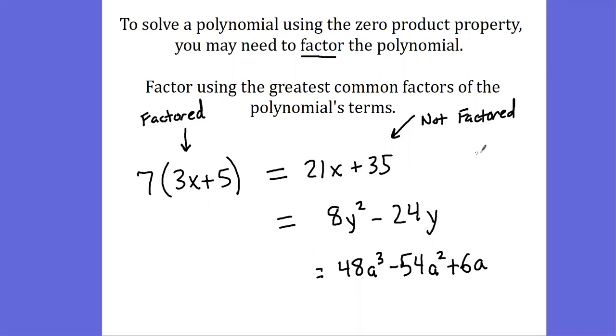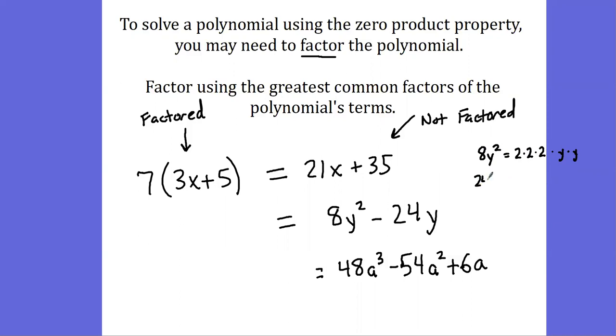Let's show that using the process you learned back in the pre-algebra days. If I have 8y squared and I want to write that in factored form, I can write 8 as 4 times 2, and the 4 would be 2 times 2. So in factored form, this is 2 times 2 times 2, or 2 cubed, times y for the y squared. I'm going to write this out the long way just to avoid any confusion.